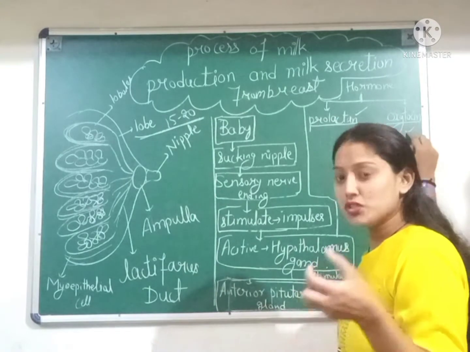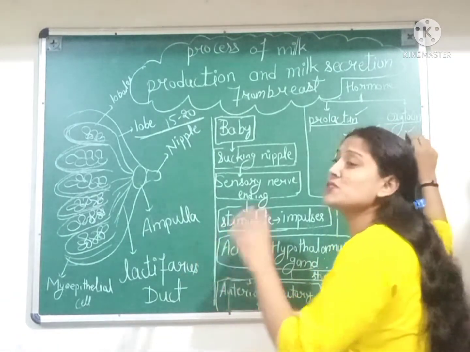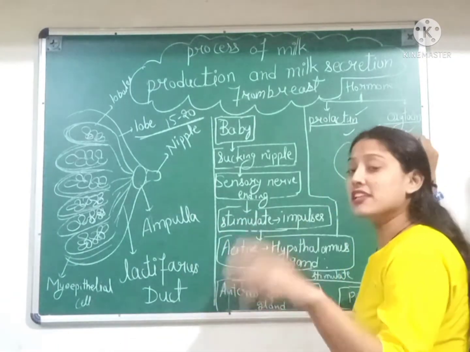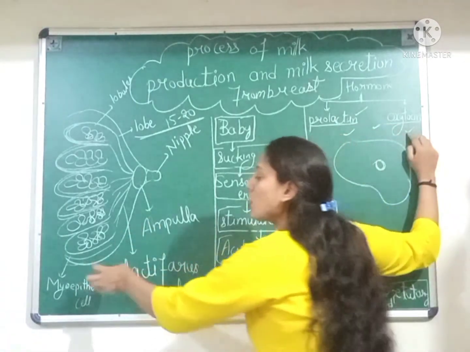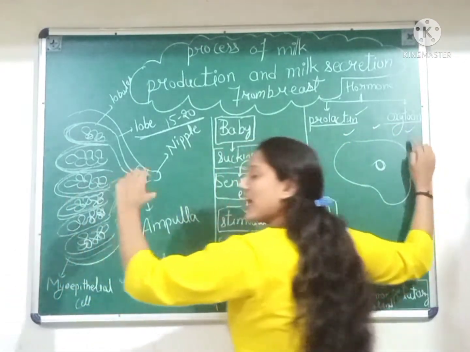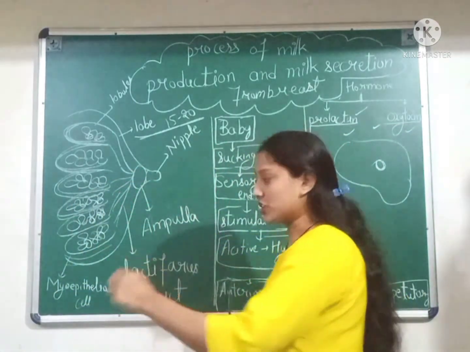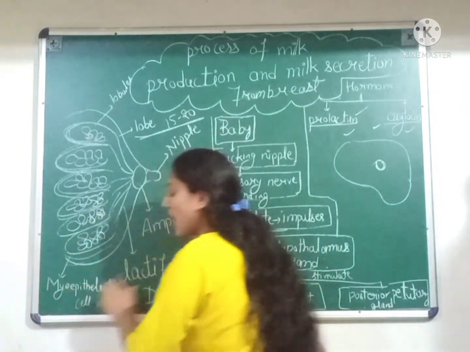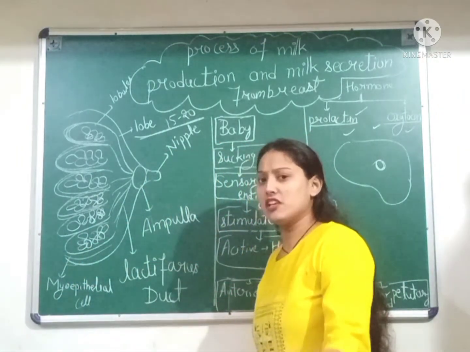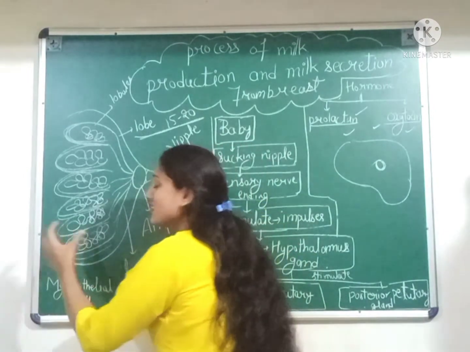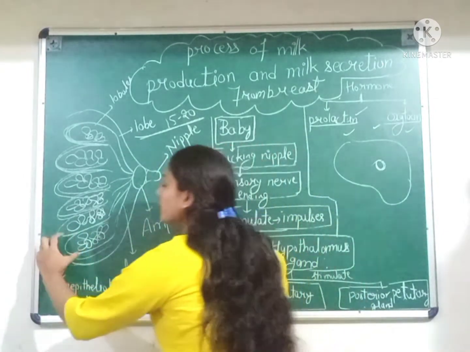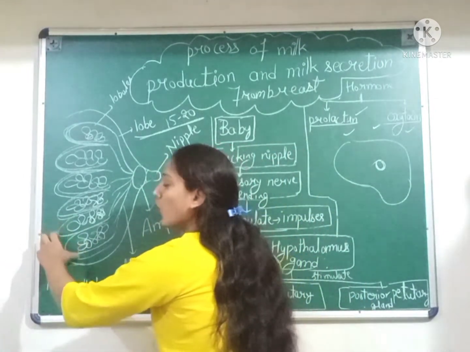What is done by the oxytocin hormone? Oxytocin is responsible for the secretion, and the secretion is possible because of the contraction. The contraction is done by the myoepithelial cells, and it starts from the lobes and lobules.